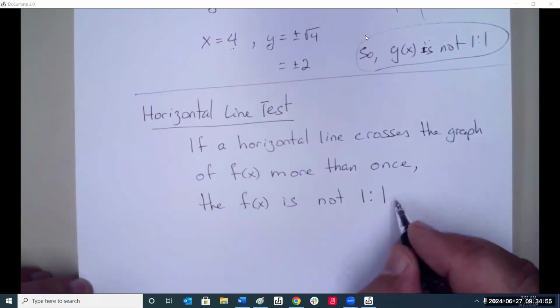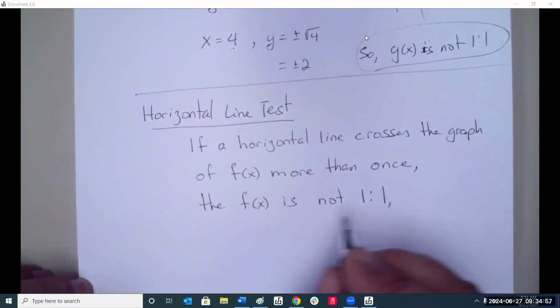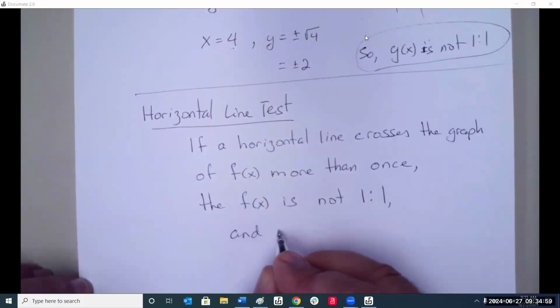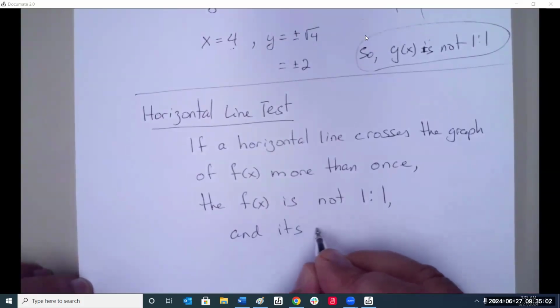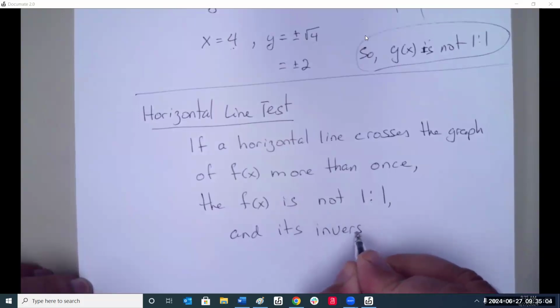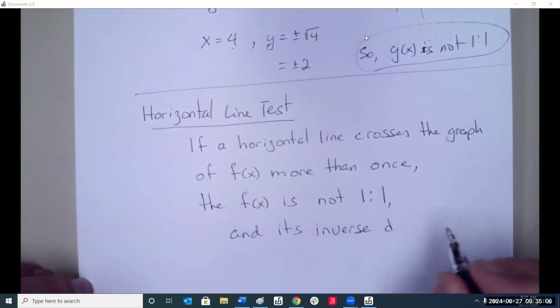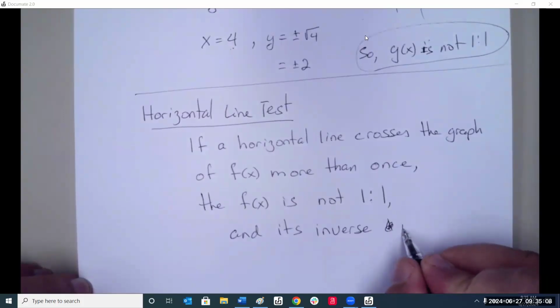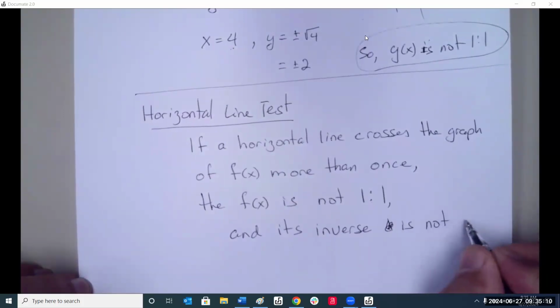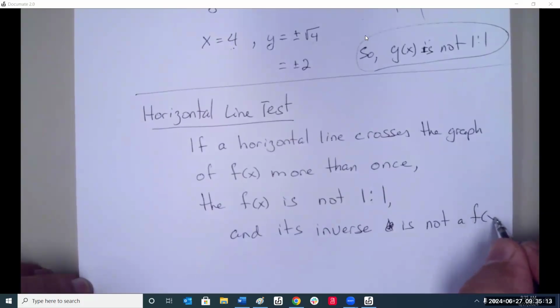And since it's not 1-to-1, its inverse is not a function.